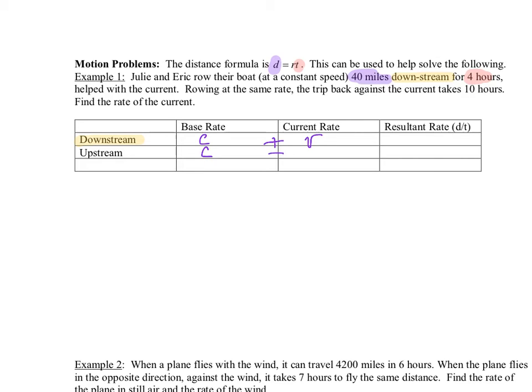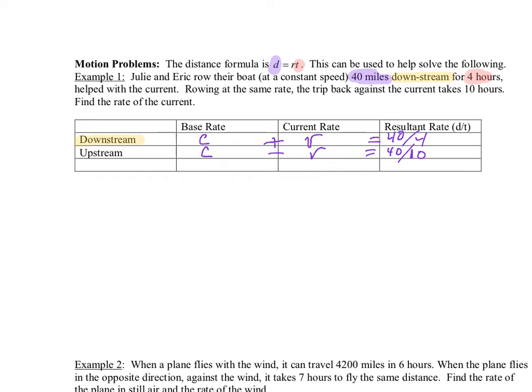For upstream, we subtract the current rate. Okay, the resultant rate is 40 over the time, which was 4. That's one equation. Rowing at the same rate, the trip back, which is still 40 miles, takes 10 hours.